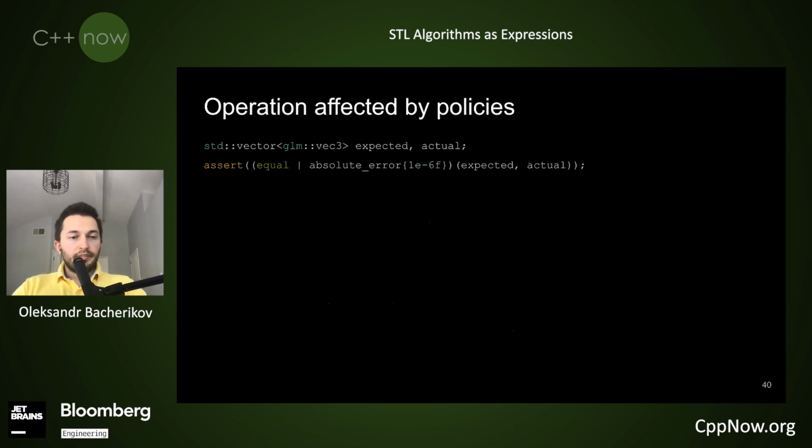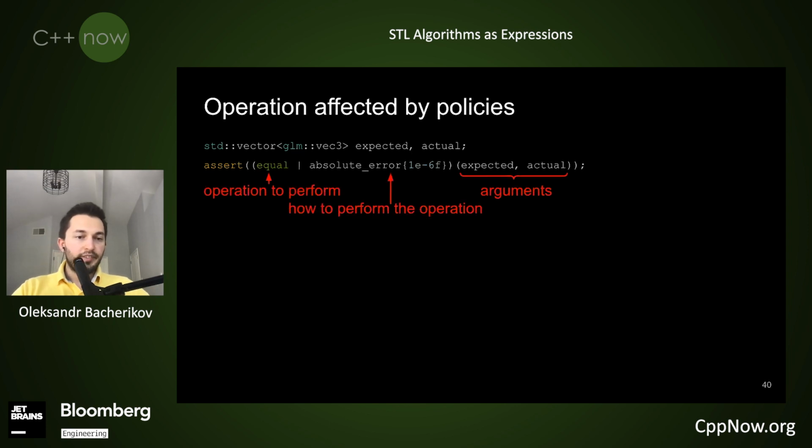So what I'd propose as an alternative syntax is this one. When we call equal, after that we have the way we want to compare scalars. In this case, it's an absolute error with the threshold. And the arguments are on the right.